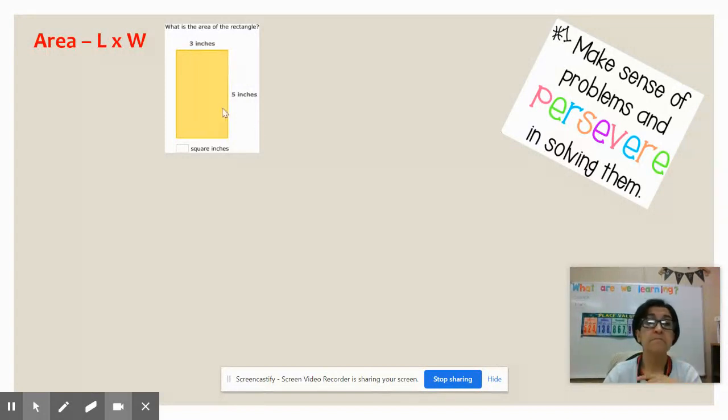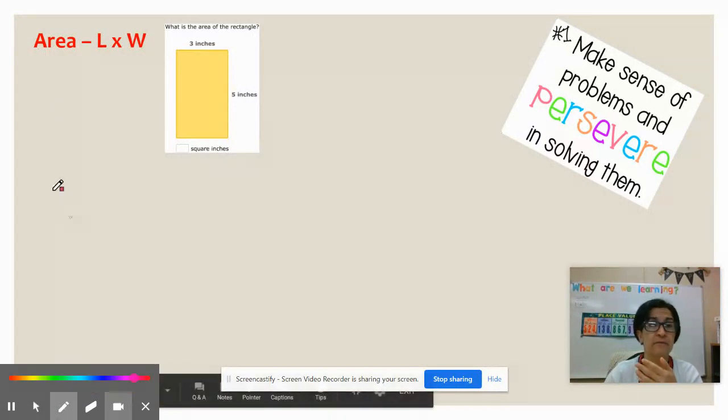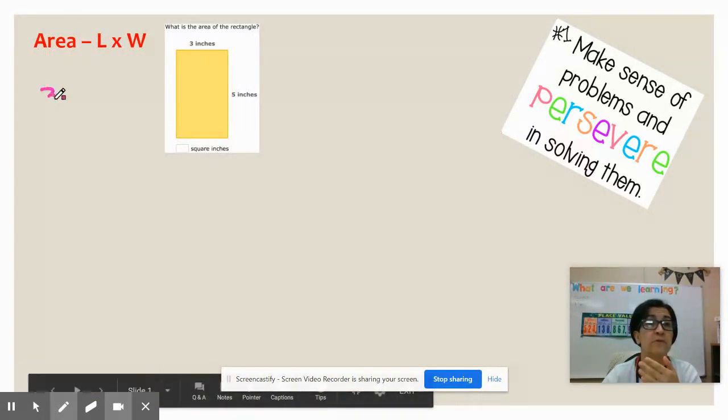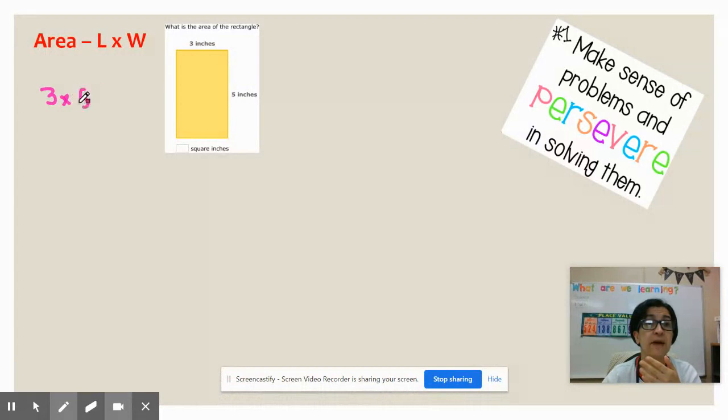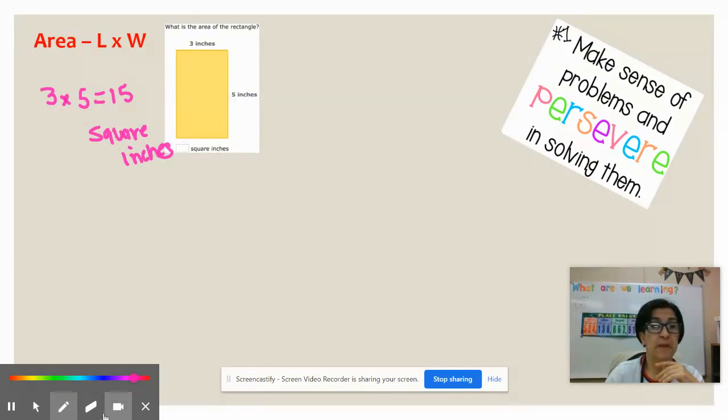And how would we figure out this one? 3 times 5 equals 15. And the answer is always in square, in this case, square inches. And why is it square? Because it's only two dimensions.